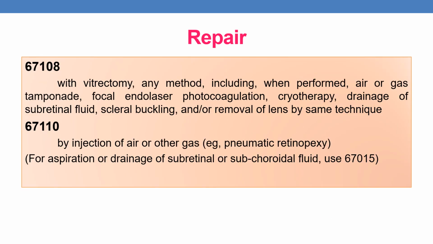The next CPT is 67108. Repair of retinal detachment with vitrectomy, any method, including when performed air or gas tamponade, focal endolaser photocoagulation, cryotherapy, drainage of subretinal fluid, scleral buckling and or removal of lens by same technique.